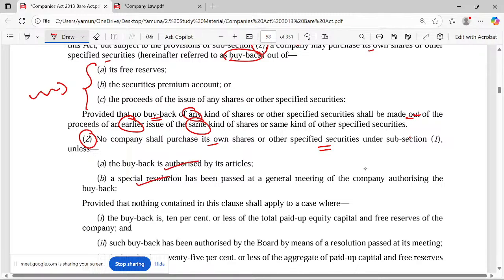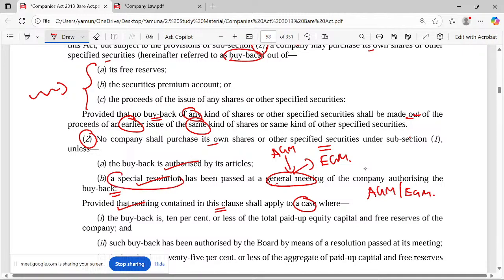A special resolution has to be passed. Usually, when we talk about ordinary resolution and special resolution, it should be passed in a general meeting. The general meeting can be an annual general meeting or an extraordinary general meeting, and that resolution has to authorize the buyback. Provided that nothing contained in this clause shall apply to a case, which means you need not go for an AGM or EGM.